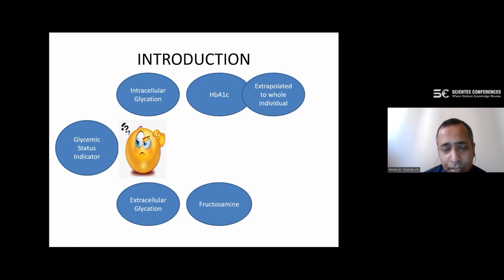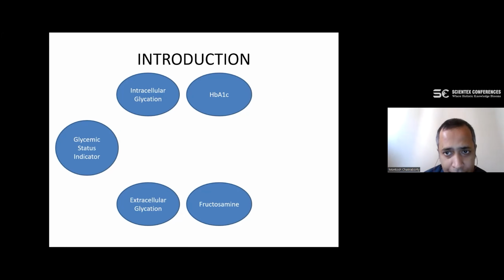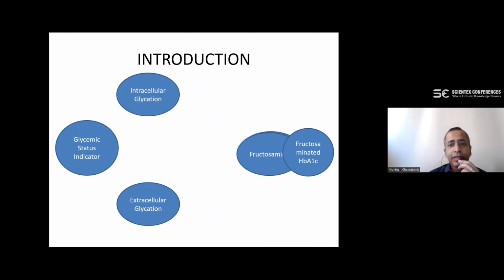That's why we have taken this topic and focused on fructosaminated HbA1c. It's basically a combination of both HbA1c and fructosamine, and that's the significance of the topic.